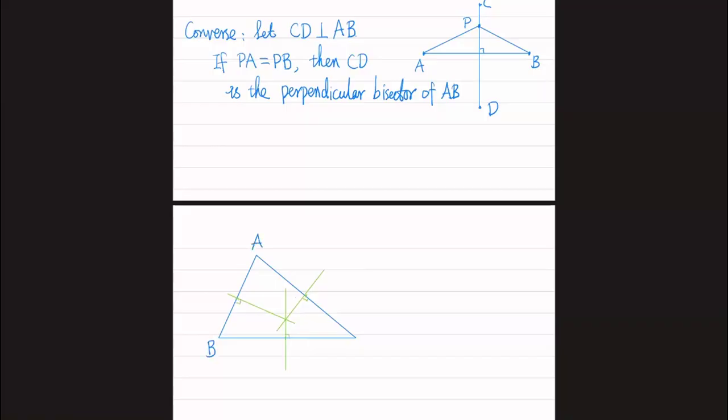A, B, C, E, F, G. Again, we observe that the three perpendicular bisectors appear to be concurrent. So this is our theorem.